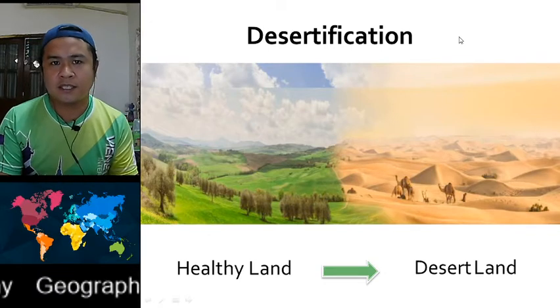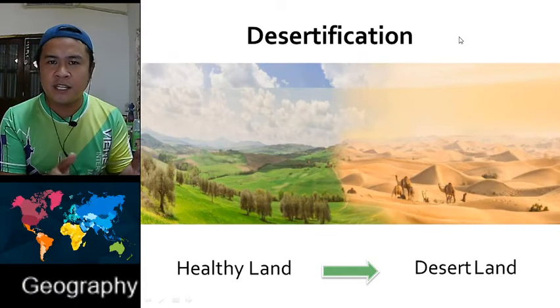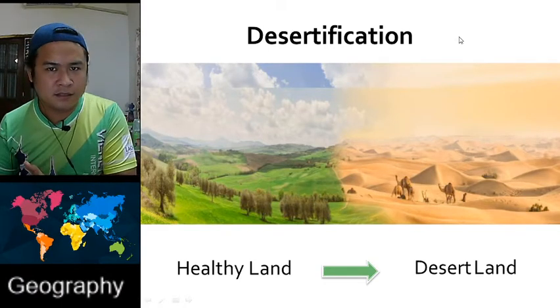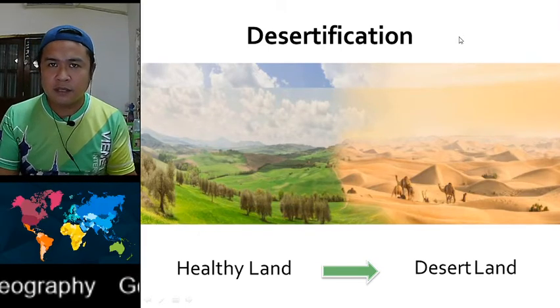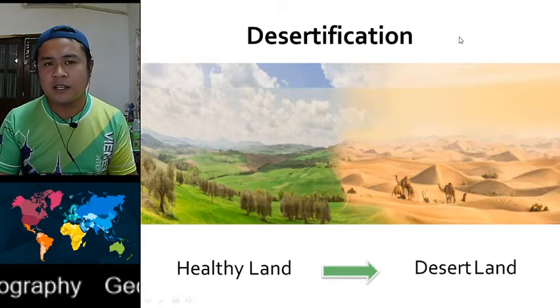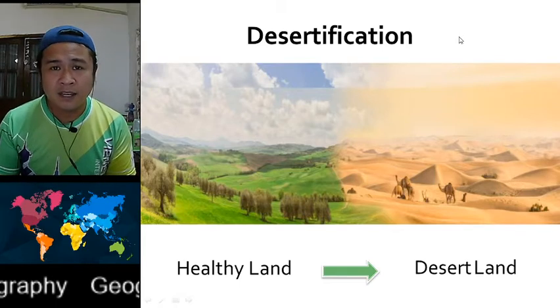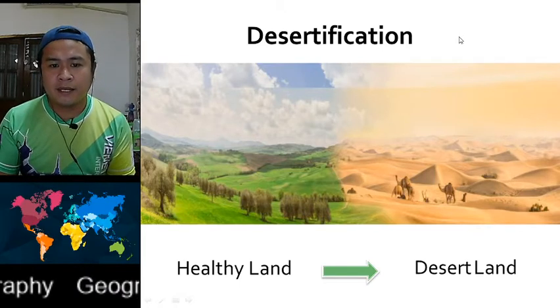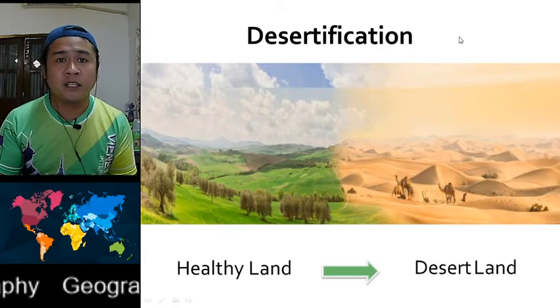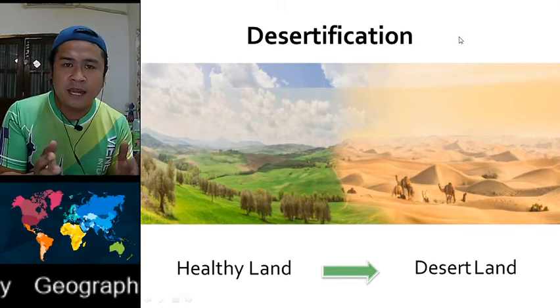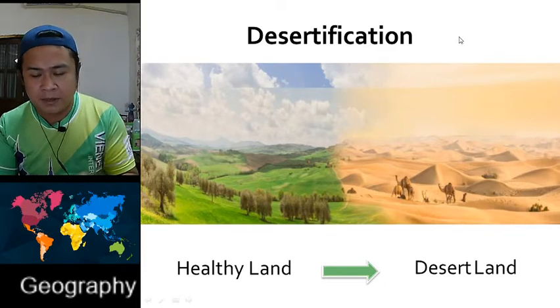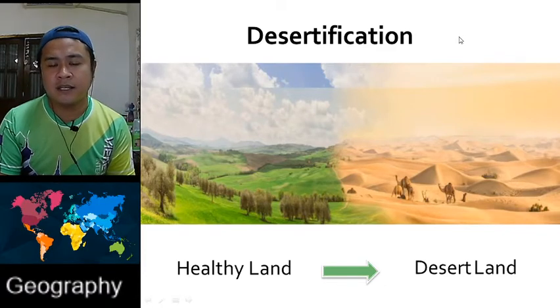Desertification is just a process of changing into that type of condition. So again, if you look at the meaning of desertification in our book, it's quite lengthy and long. But if you look at this picture, it would tell you what it is. It is a once healthy land that has changed over time into a desert-like condition.